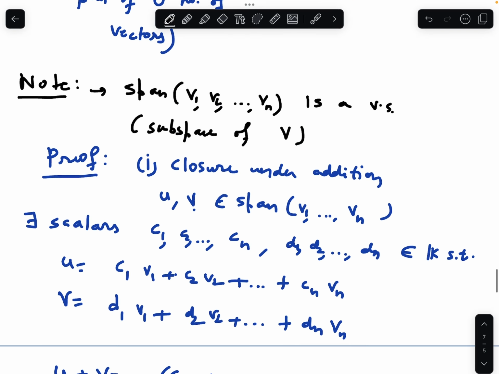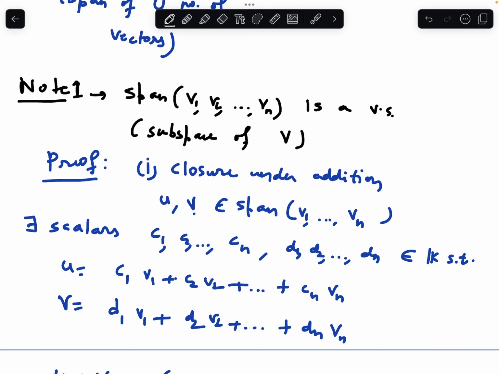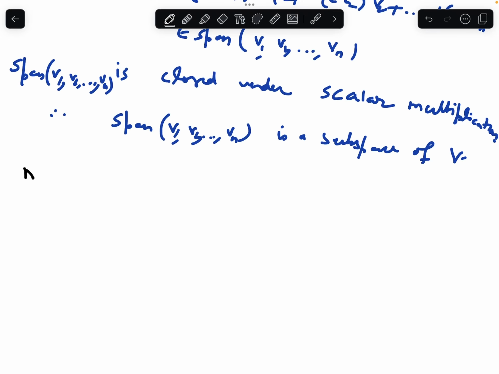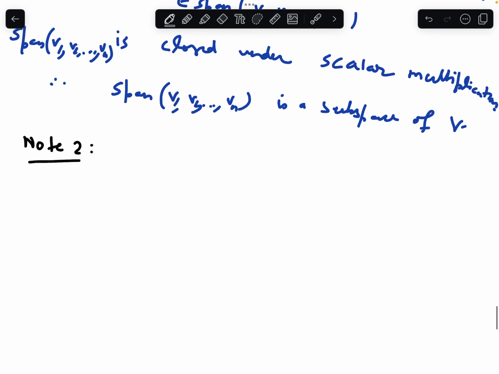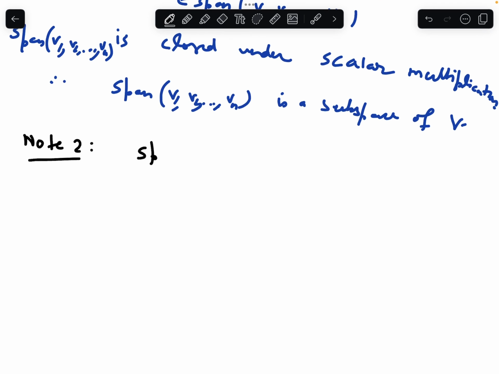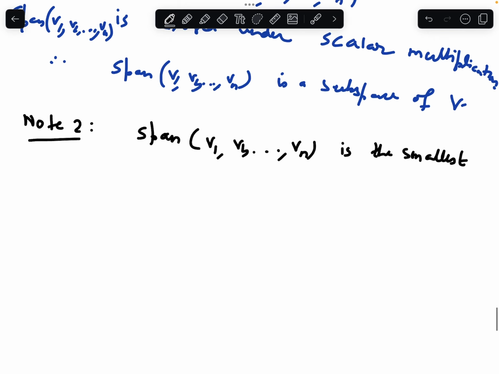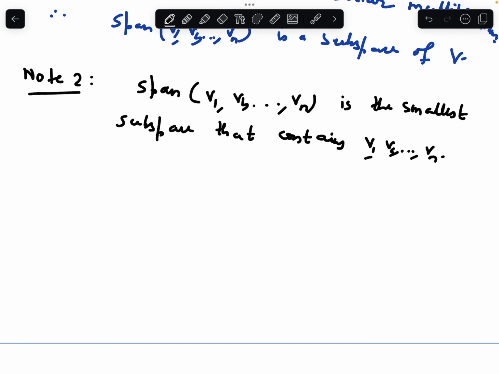Second thing that we want to note is span of V1, V2, Vn is the smallest subspace that contains V1, V2, Vn, right? What is the meaning of this?